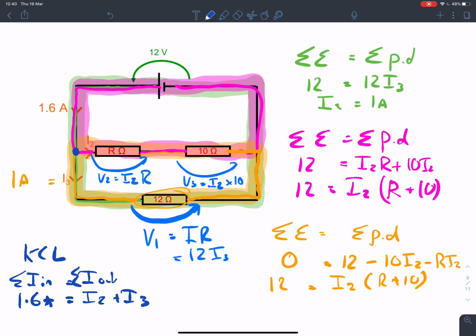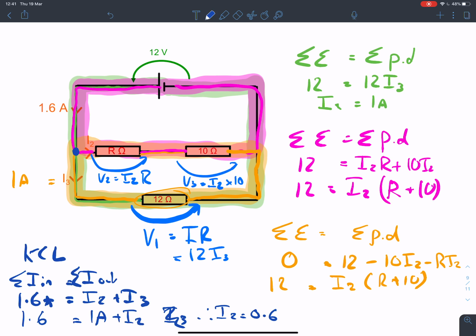We already worked out I3, which equals 1 amp. Excuse me, I got those the wrong way round. Therefore I2 equals 0.6.